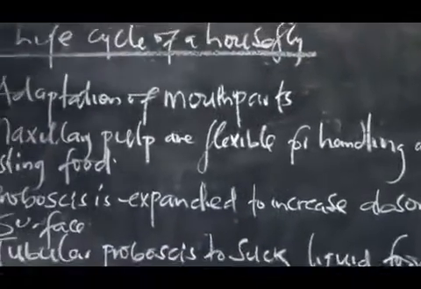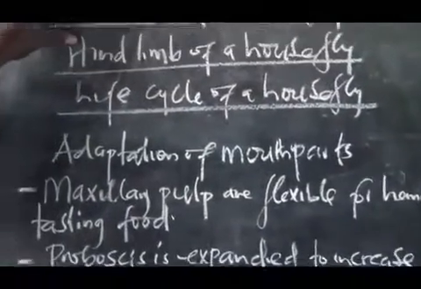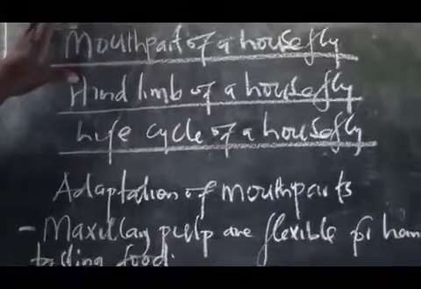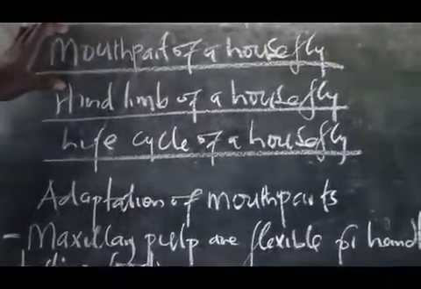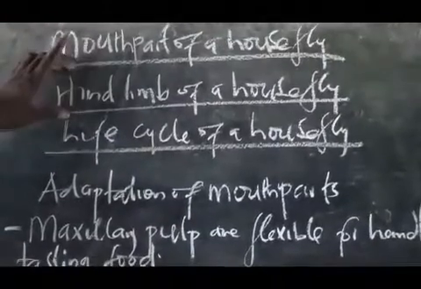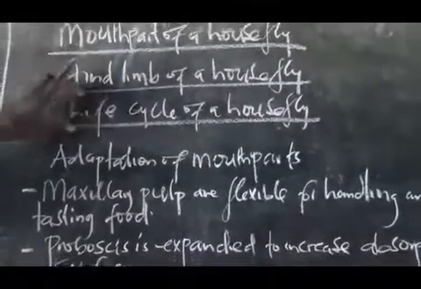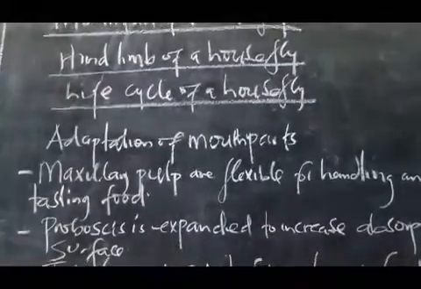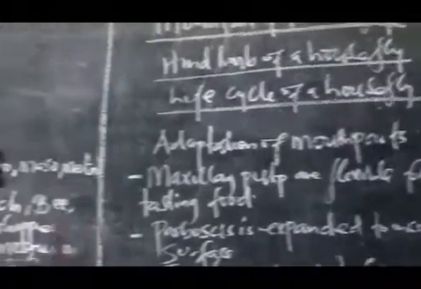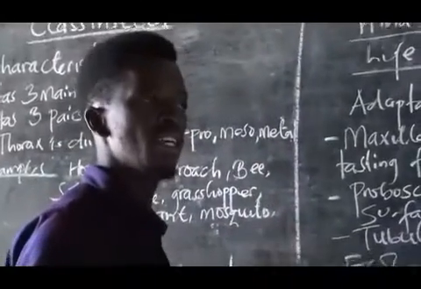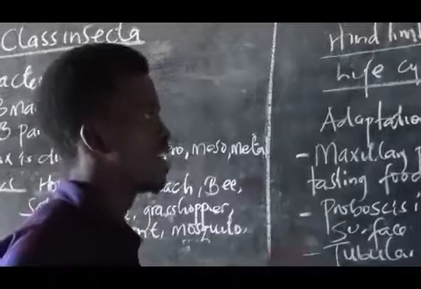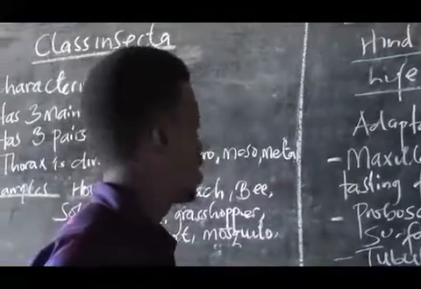So there is going to be a diagram of the mouthparts of a housefly, the proboscis, and then you have the diagram of the hind limb of a housefly, and then you have the life cycle. Remember that insects undergo 2 kinds of life cycle. We have complete metamorphosis and incomplete metamorphosis.